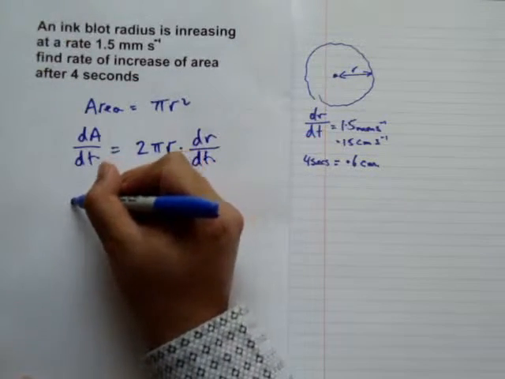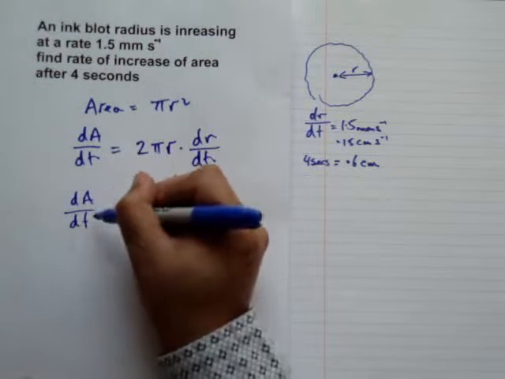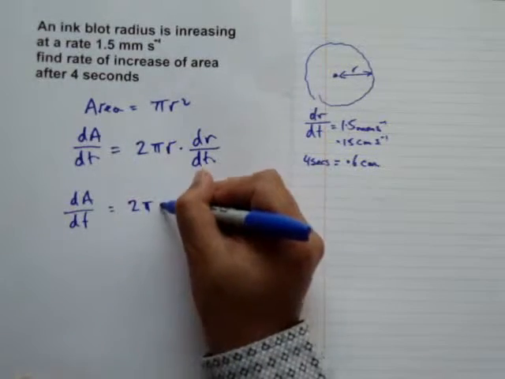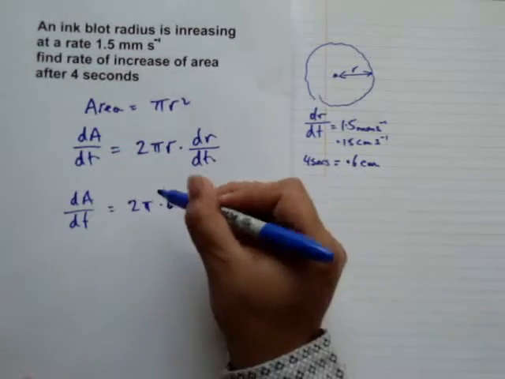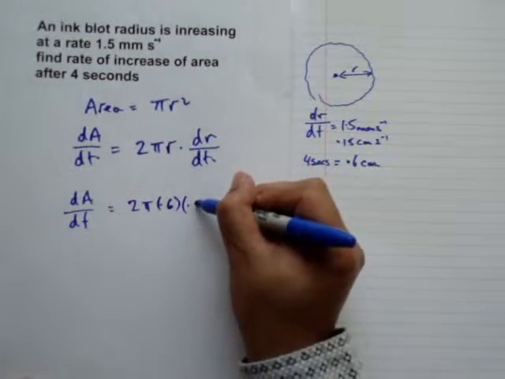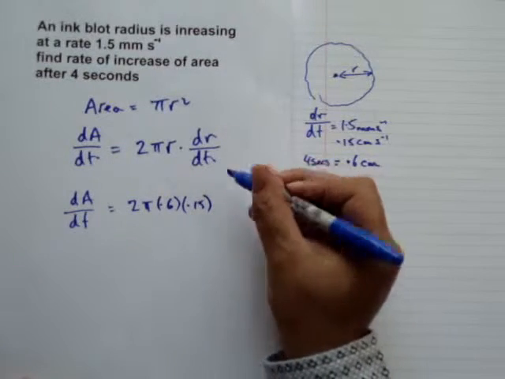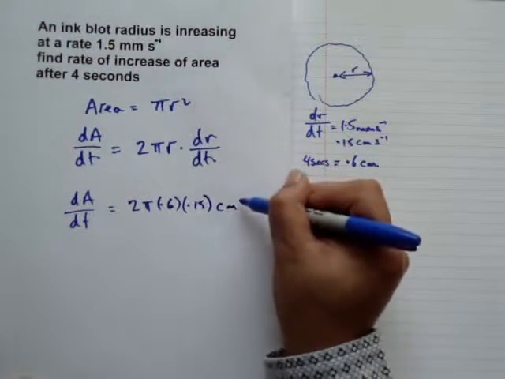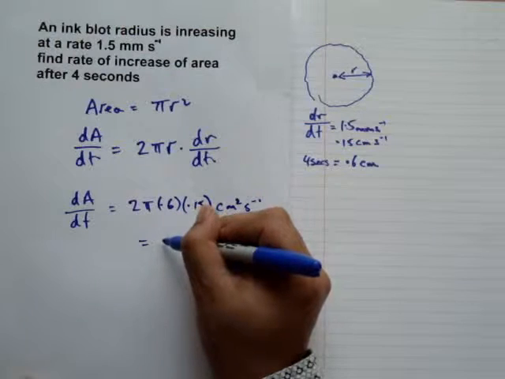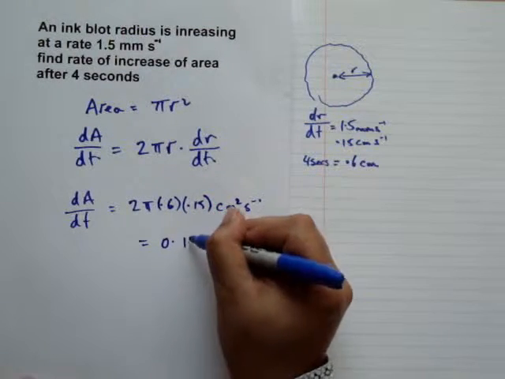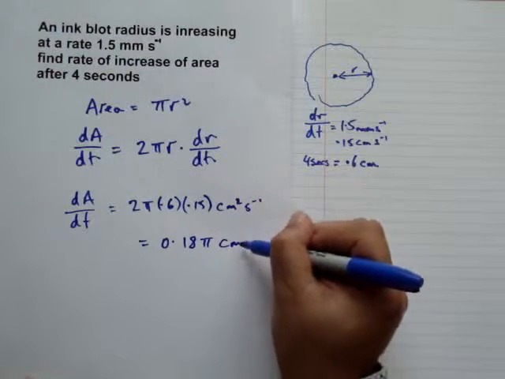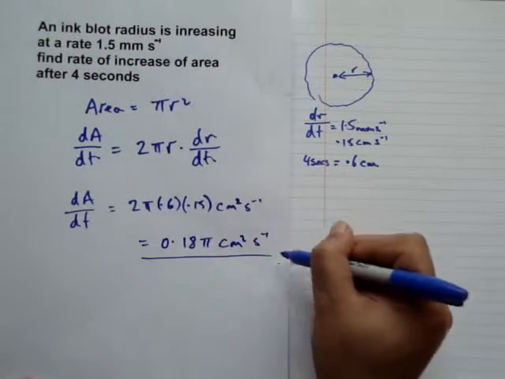So dA by dt is 2 pi times 0.6, which we got after 4 seconds, times 0.15 centimeters squared per second. And that is the answer.